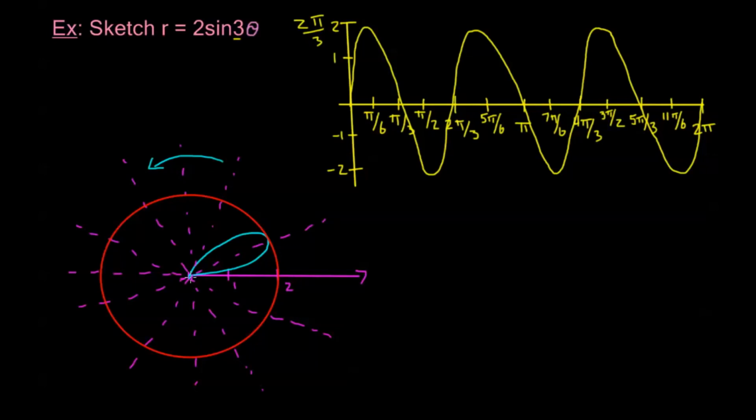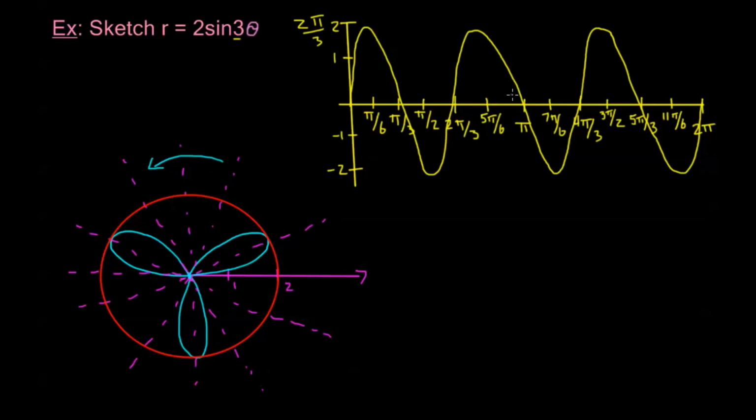So I'm going from 0 to negative 2, and then from negative 2 back to 0 when I go from pi over 2 to 2 pi over 3. From 2 pi over 3 to 5 pi over 6, I am going from 0 to positive 2. And then 5 pi over 6 to pi, I'm going from 2 back to 0.